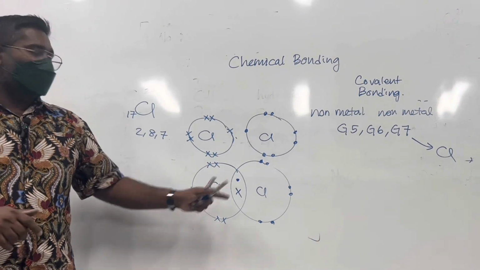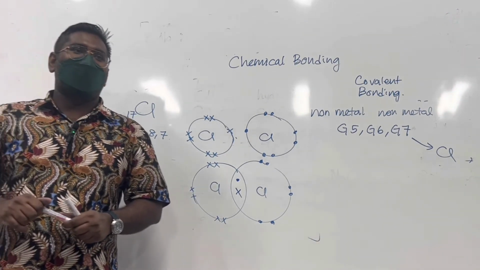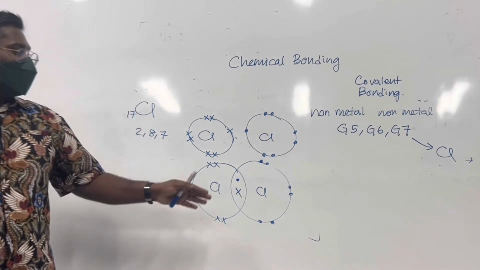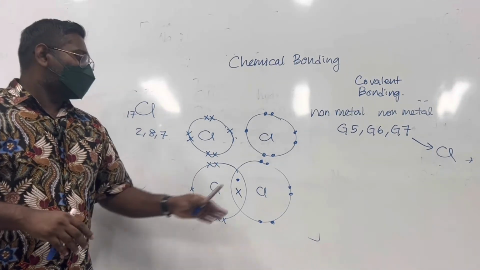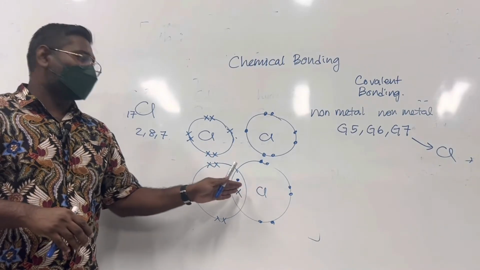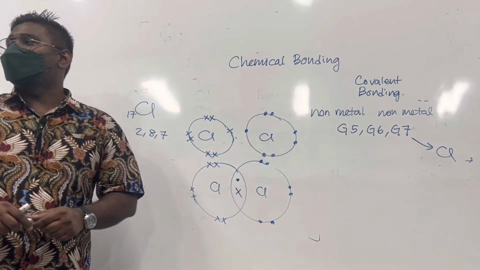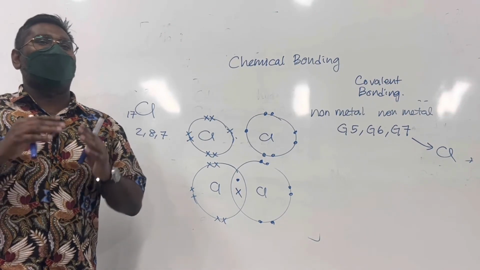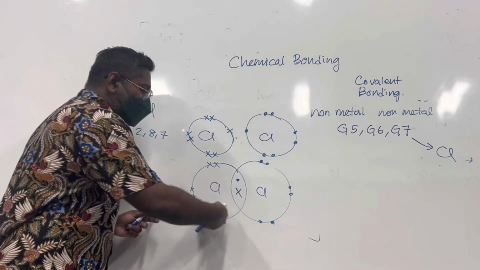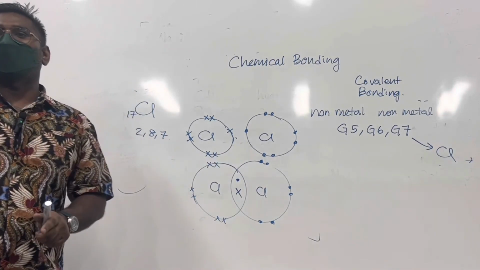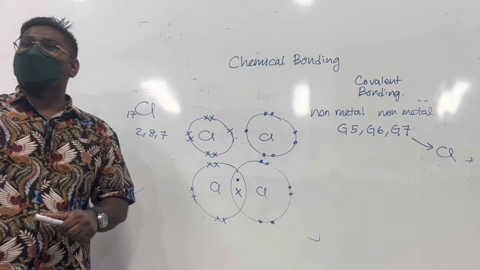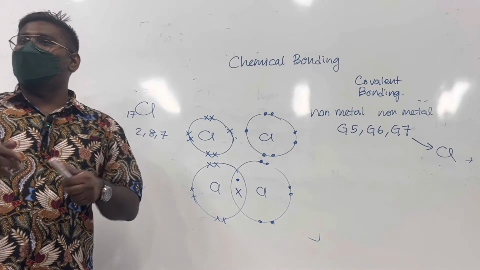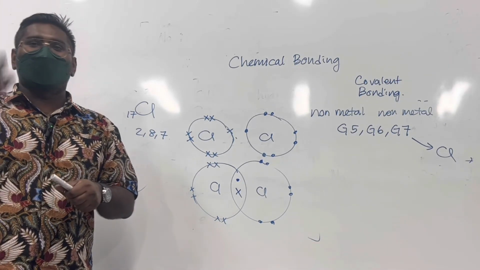This is what we call a covalent bond. It's the bonding between the elements and the shared electron. So this is called covalent bonding. At one moment in time, if you count over here, that's 8. We call it the octet structure. Octet means 8, and 8 means a complete shell.